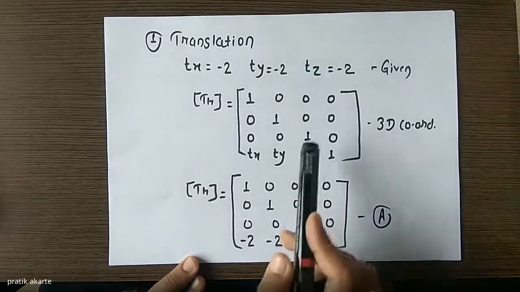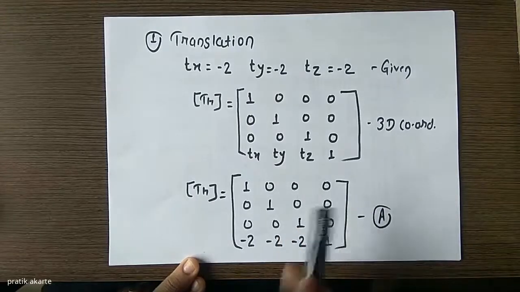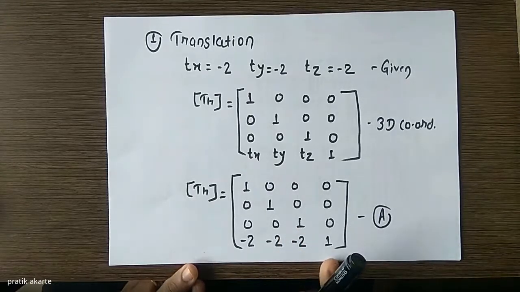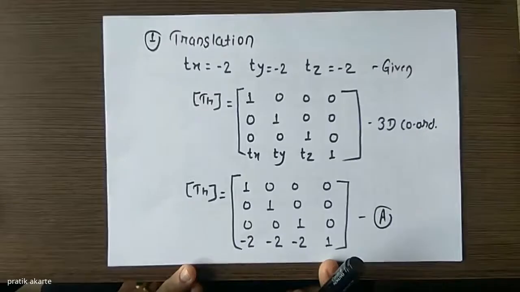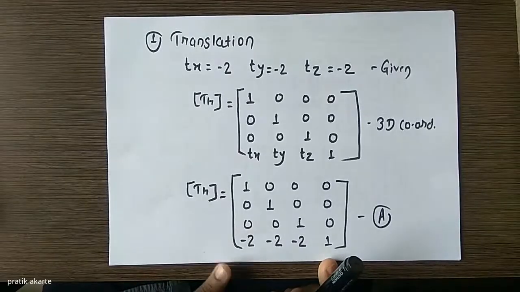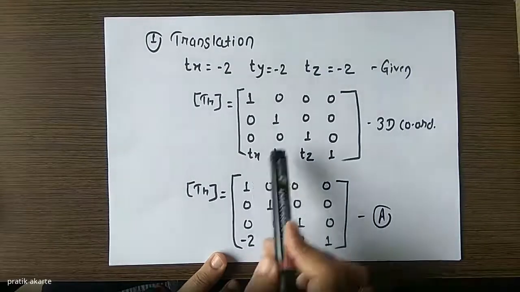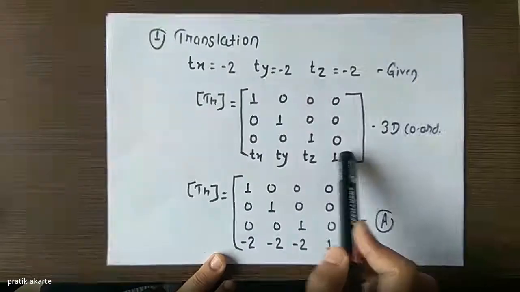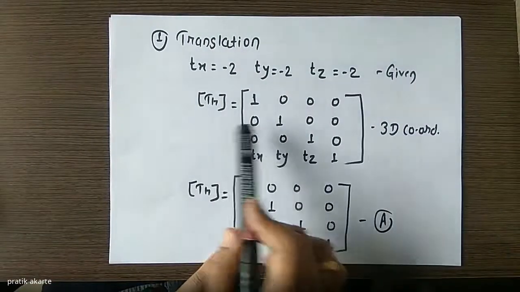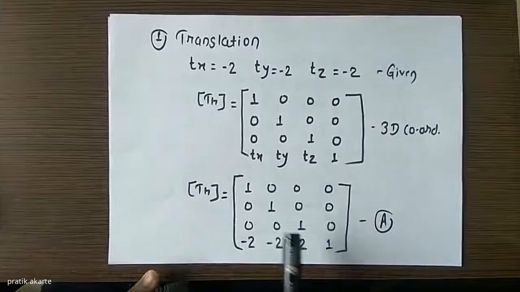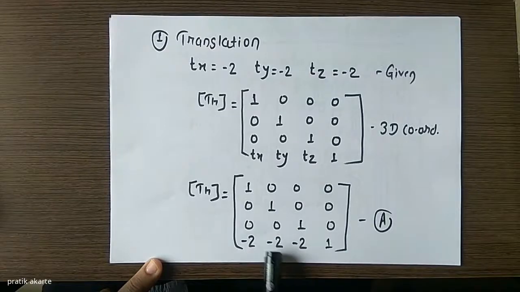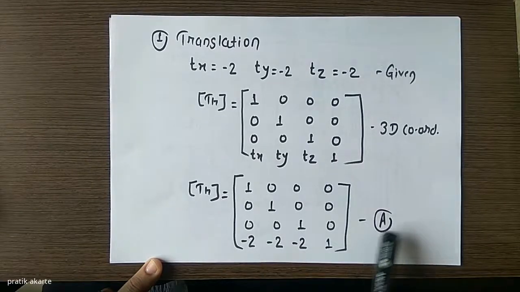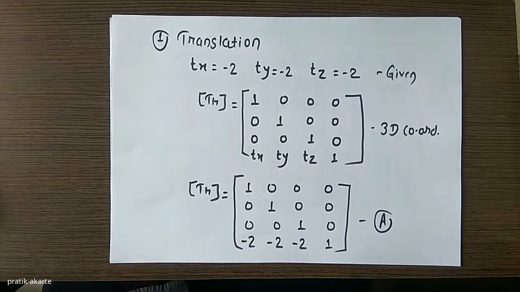Previously, which was a 3 by 3 matrix including homogeneous coordinate, now this matrix is increased to 4 by 4 with the inclusion of one more principal axis. So Tx, Ty, and Tz, you have to remember this. This is the translation matrix in 3D coordinates. So putting the values -2, and 1 over here, we'll get the translation matrix.